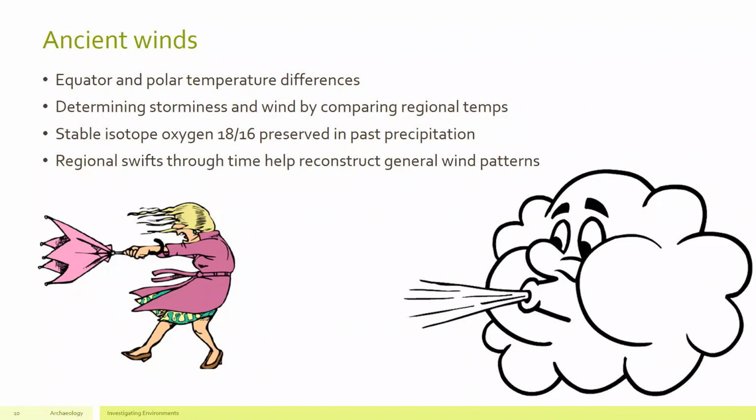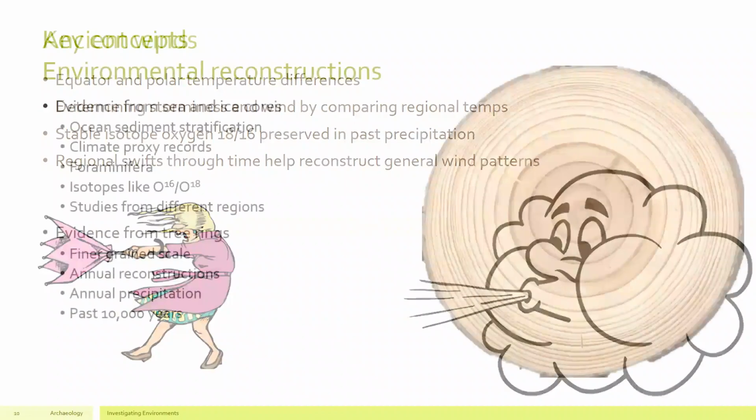So even levels of storminess and wind can be used to compare regional temperature patterns, and by analyzing the differences through time of, say, equatorial temperatures and polar temperatures, we can get a sense of regional shifts and help reconstruct what we know about past wind patterns, levels of storminess, and other factors that affect continental scale patterns.